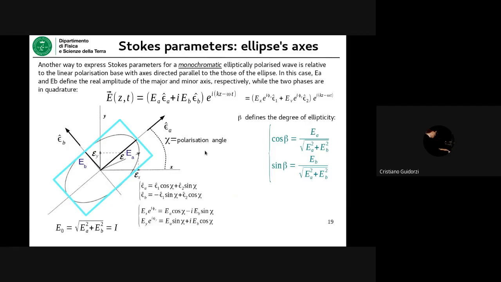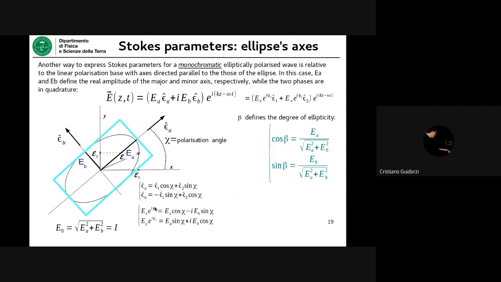If you replace epsilon A and epsilon B into here, and then equate everything which multiplies epsilon 1 and everything which multiplies epsilon 2, you end up with this relation between the X and Y components, relative phase and the magnitudes of the electric field in the ellipse base, as a function of the polarization angle.